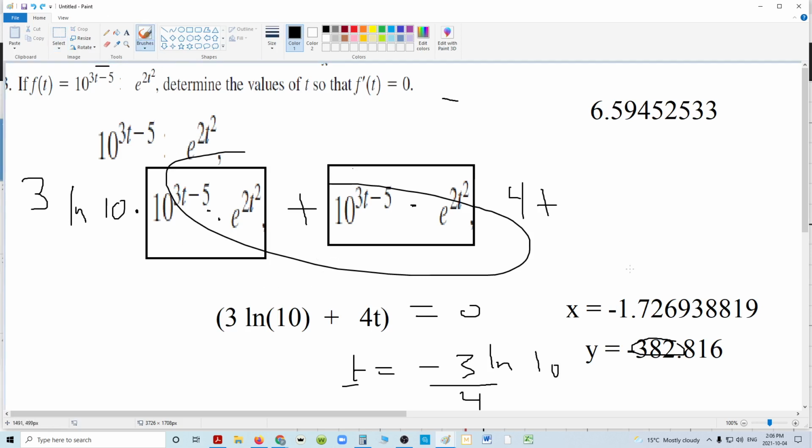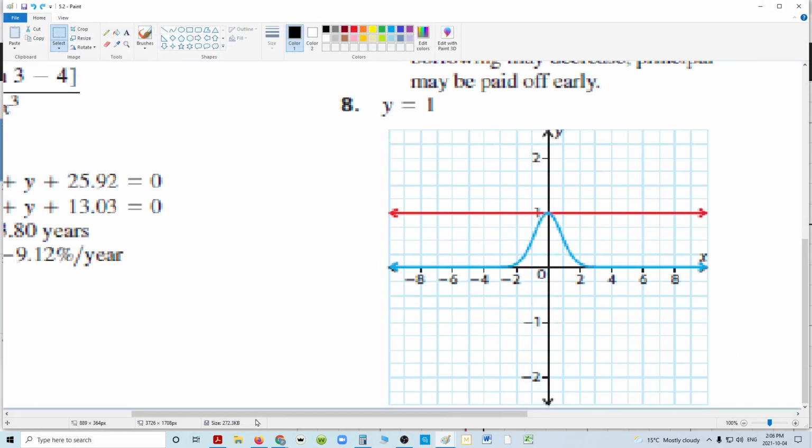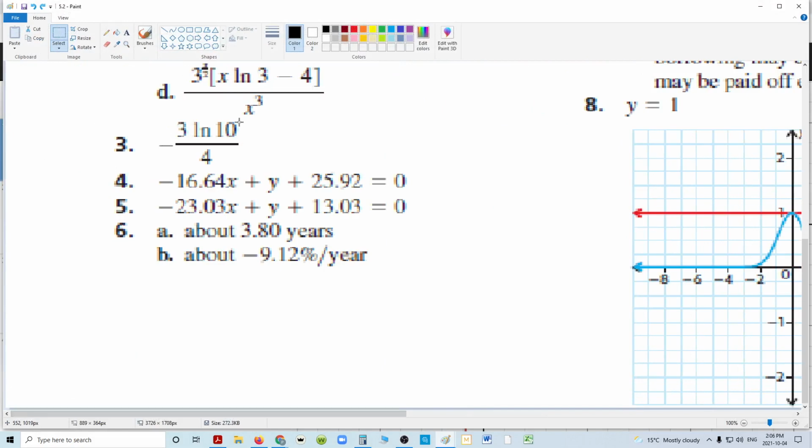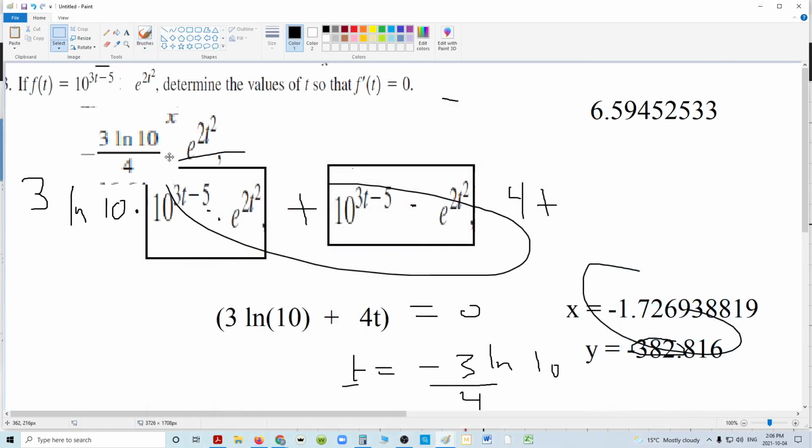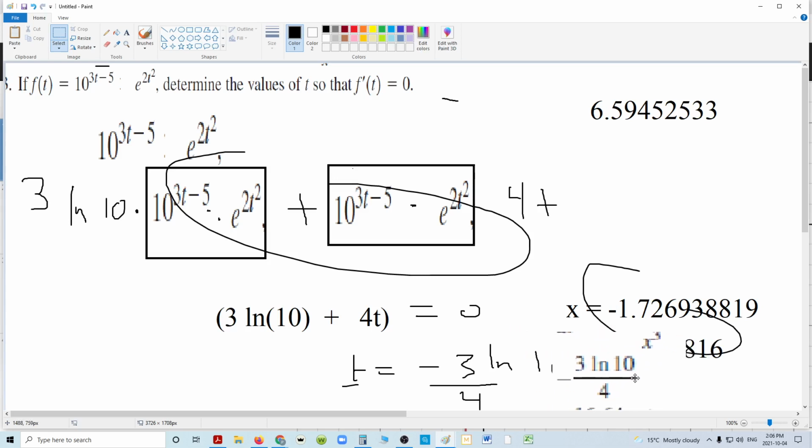T is indeed 1.72. If we go to the book, it'll show us that. Notice it keeps it in long format, though. It keeps it like this, minus 3 times 10. They kept it in this format. On to the next question.